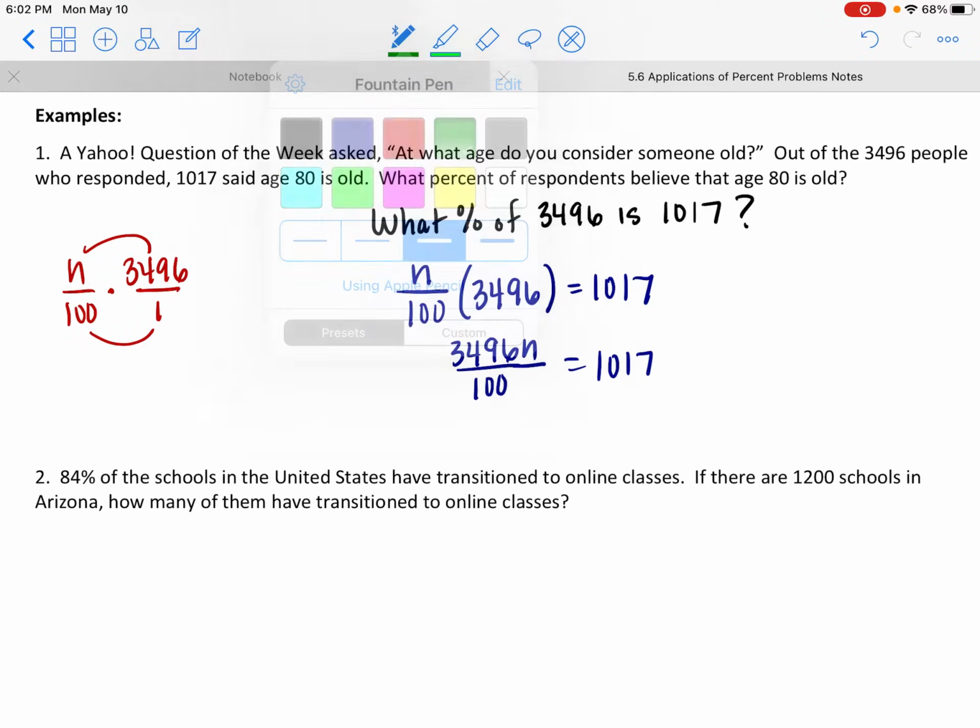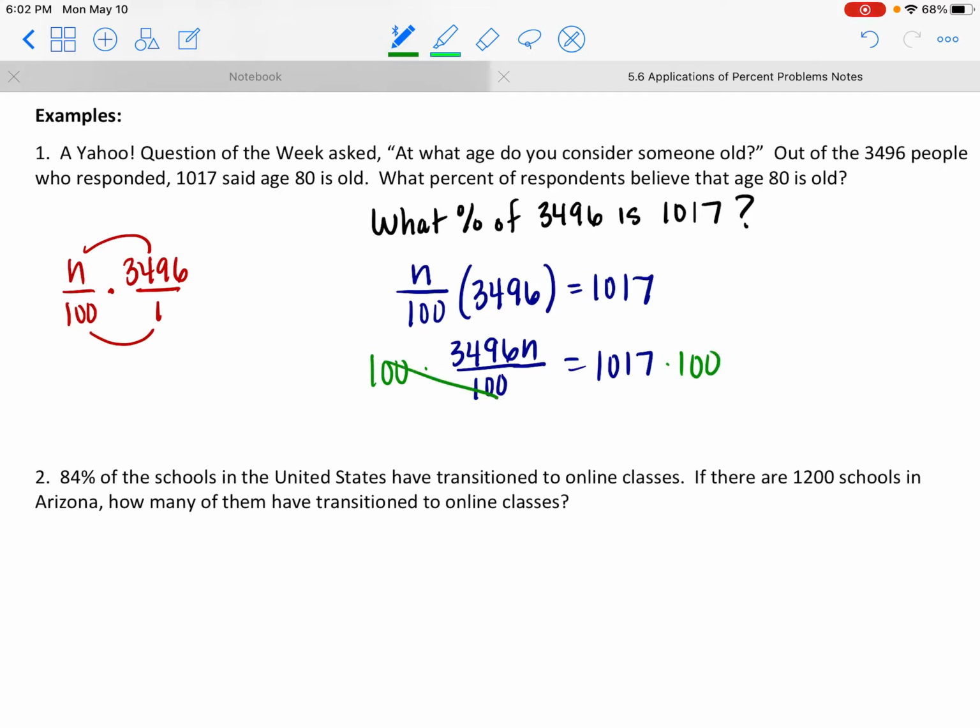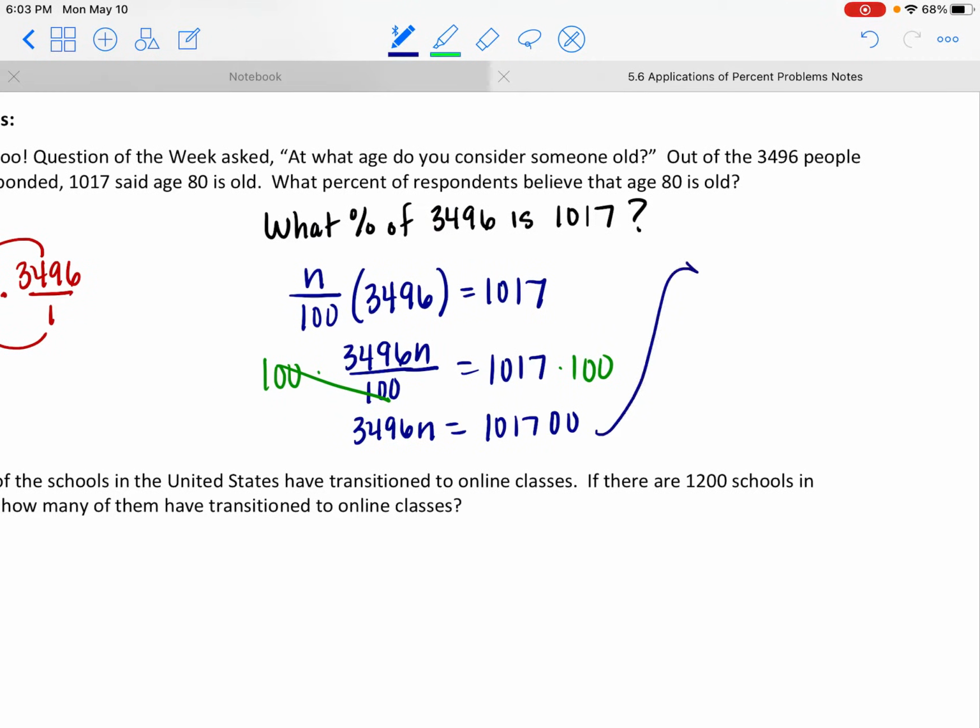So if I want to solve for n, I'm going to multiply both sides by 100. It's going to make that go away. And I'm going to have 3,496 n equal to 1,017 times 100, also known as 101,700. And now I'm going to get rid of that 3,496. So I'm going to divide both sides by 3,496.